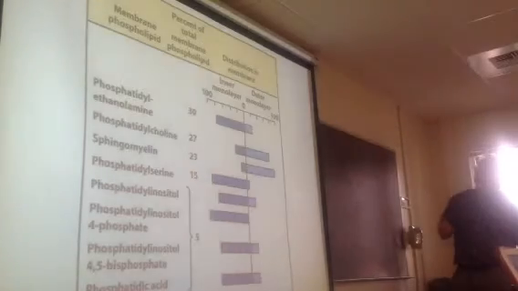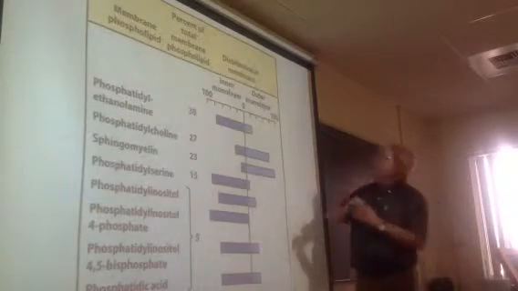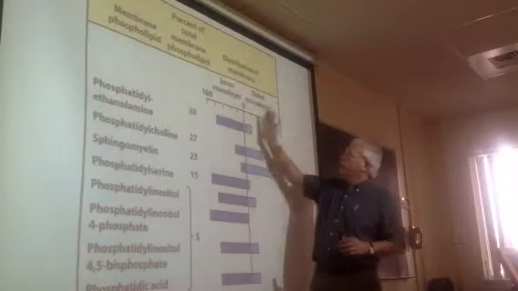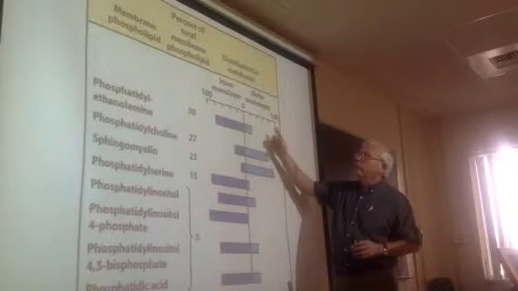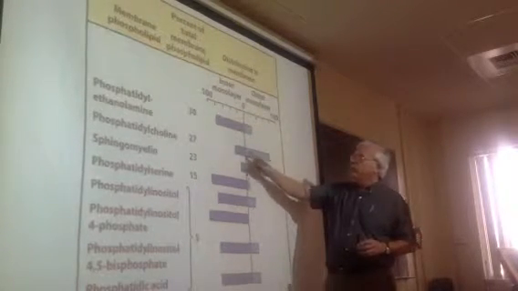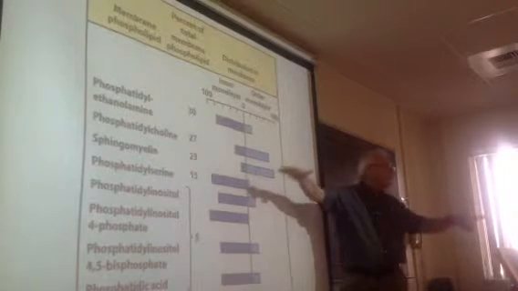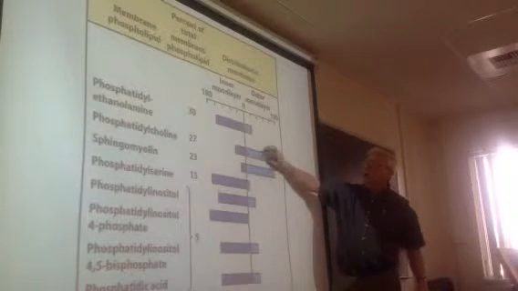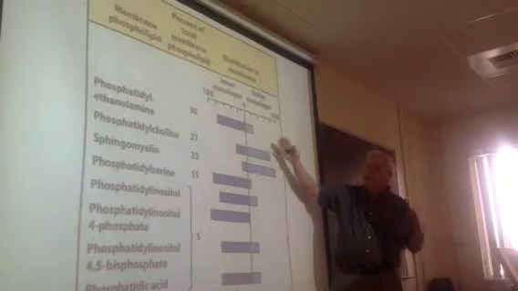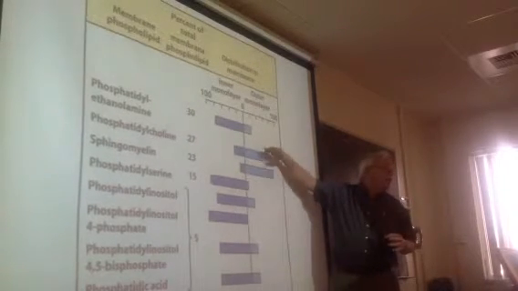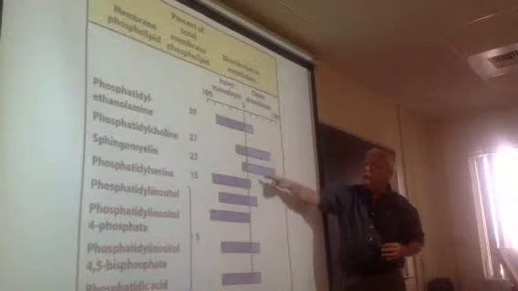Here's some data on different kinds of lipids and their relative percentages on the inner monolayer versus the outer monolayer. Phosphatidylethanolamine and phosphatidylcholine have kind of opposite distributions. Why is there more phosphatidylcholine on the outside? It's a good question. People are looking at that, but it's been found now that that's true.